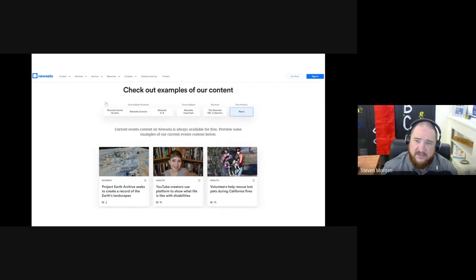But you can see at the top here I have the category of news. There's also an SEL collection, the cross subjects, and then collections specifically designed for ELA, science, and social studies. So NewsELA is a great way to add some current events into your classroom.